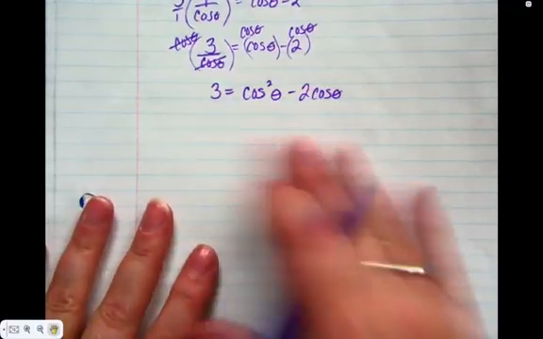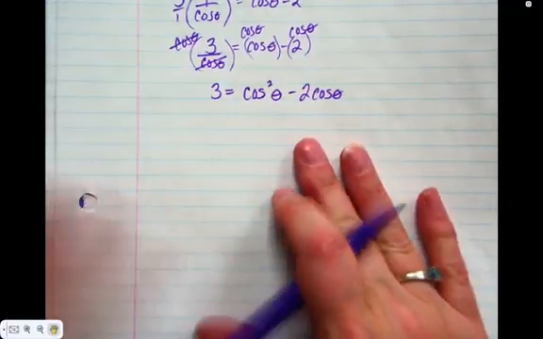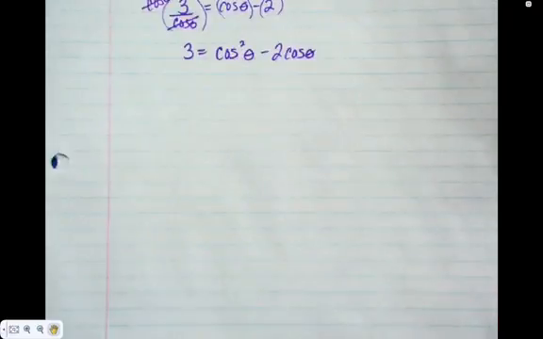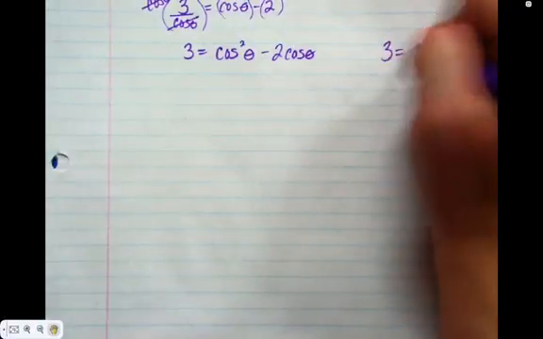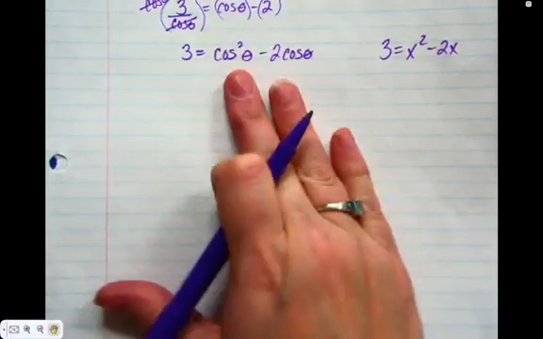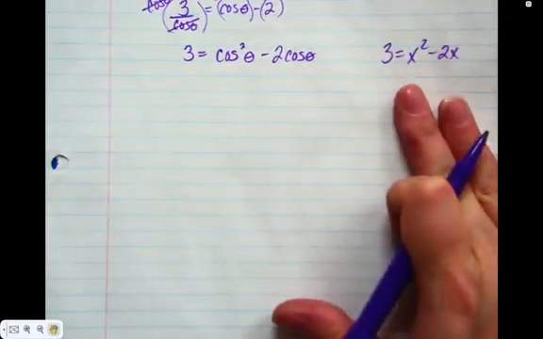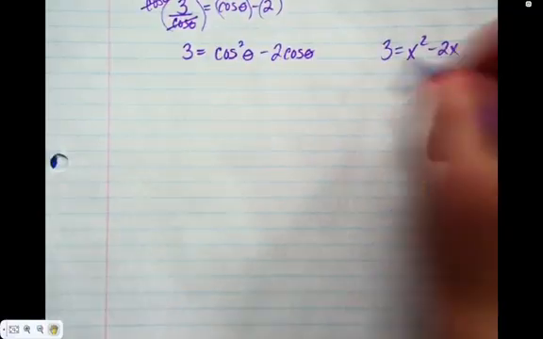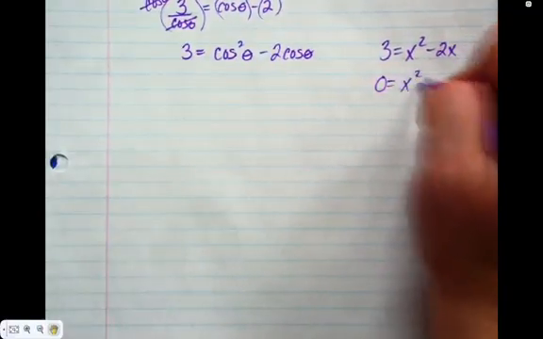How do I know this is quadratic? How many ways are there to solve a quadratic? Which way would you like to use? And again, if your brain's like, then come over here and put it with x's, because you're so used to factoring with x's, your brain sees this as familiar. If you can do it with this, do it with that. There's nothing wrong with that. But do this off to the side on scrap paper and then throw it away when you're done. How do I factor this with the x's? Okay, so something has to be equal to 0.